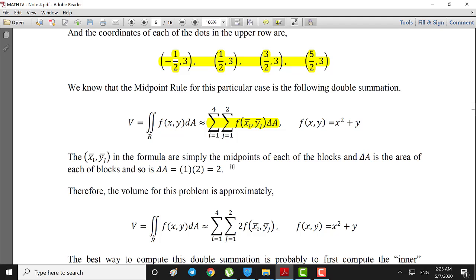And as we said, delta A or dA is supposed to be 2. Now, we also have to evaluate f, which is equal to x squared plus y, at each of these xi bar, yj bar values.